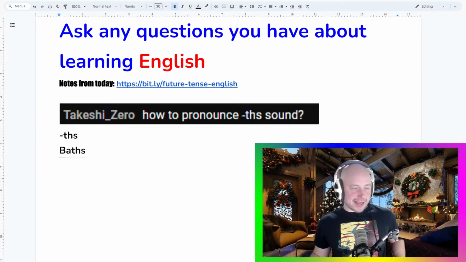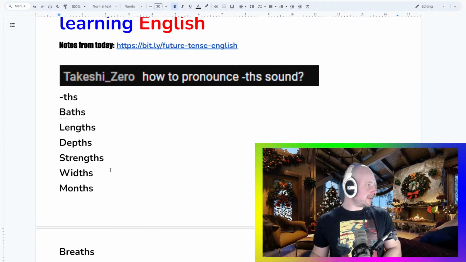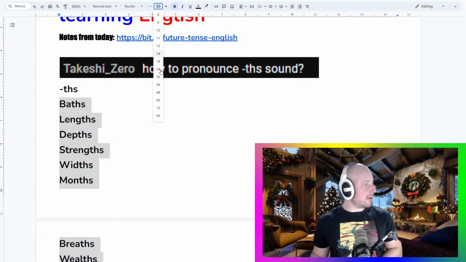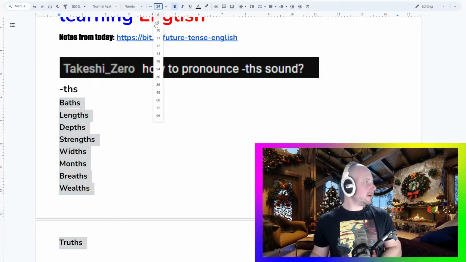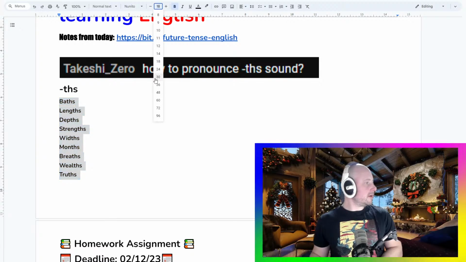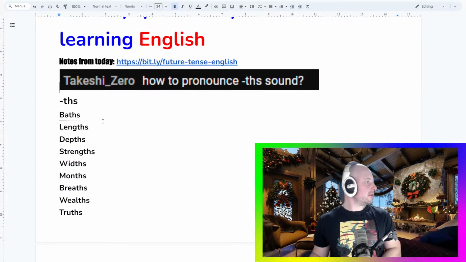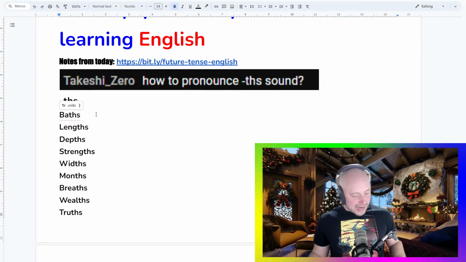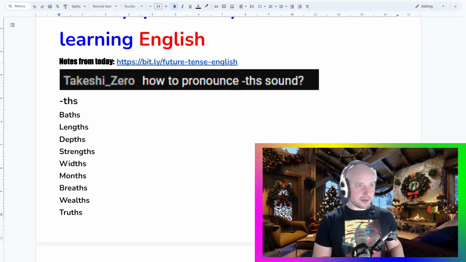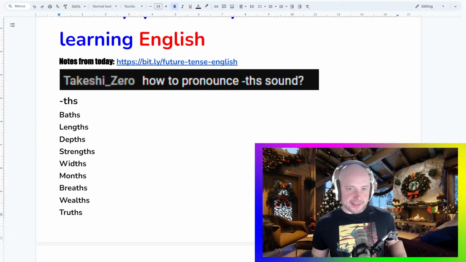So, the reality is there's more than one way to pronounce that suffix. So let's go through these and see what we get. Okay, something like that, right? Okay, so we got baths, with the th sound.